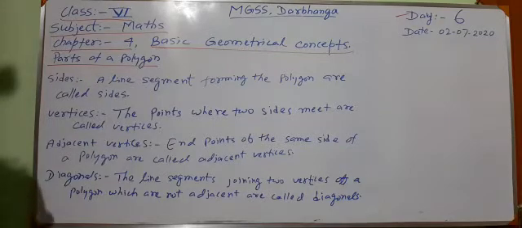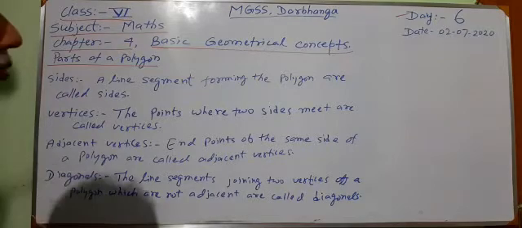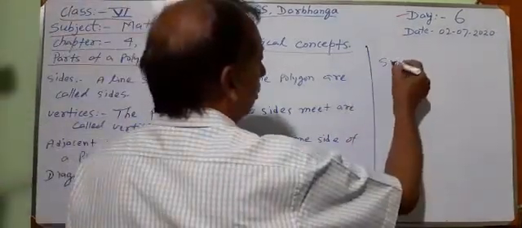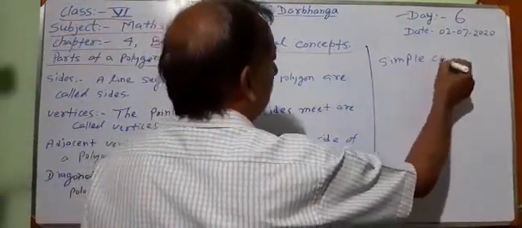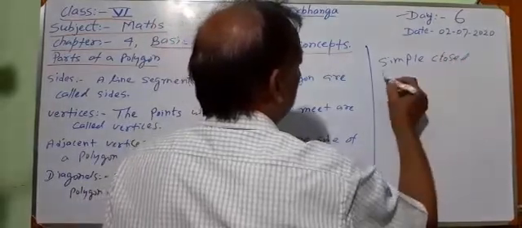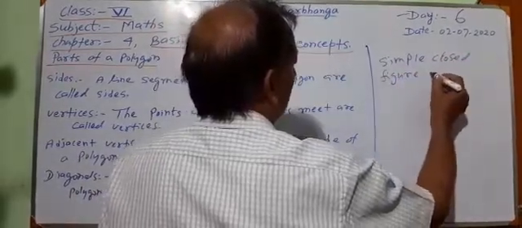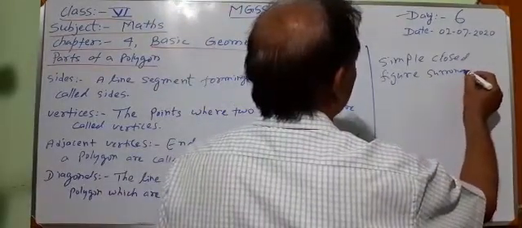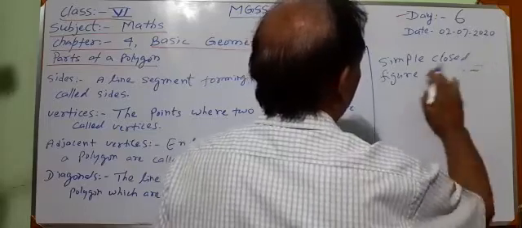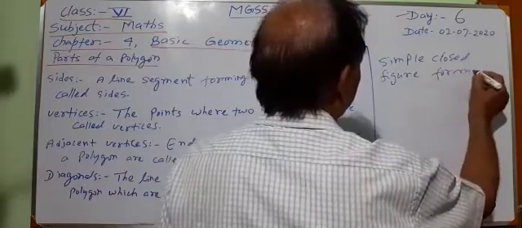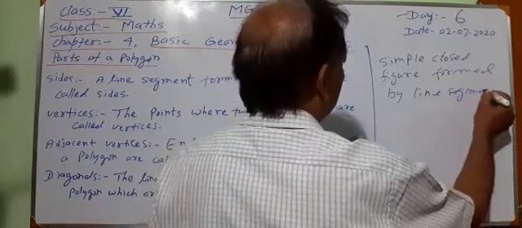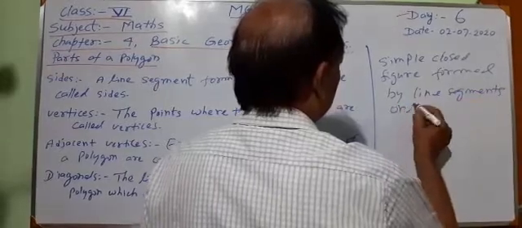But before starting our new topic, we have to revise some basic things which we have read in polygon. What is polygon? We have read a simple closed figure surrounded by line segments only.